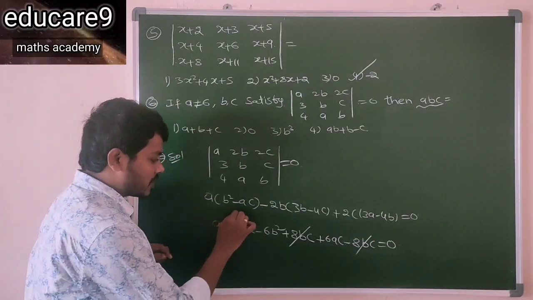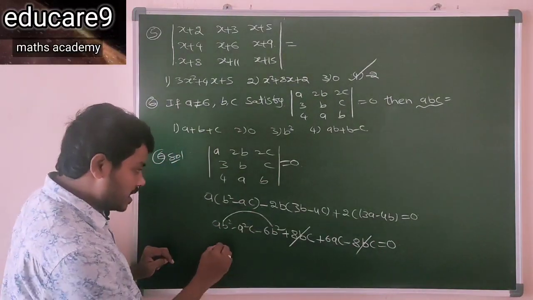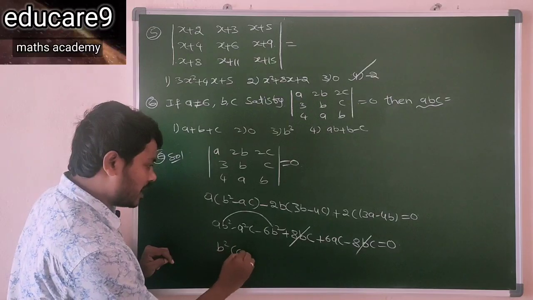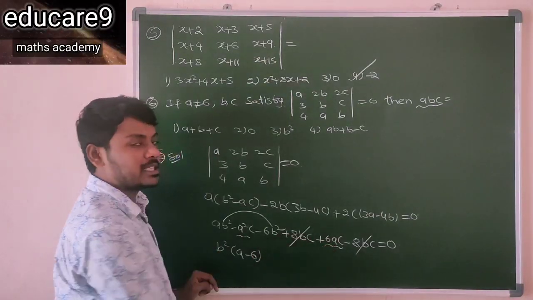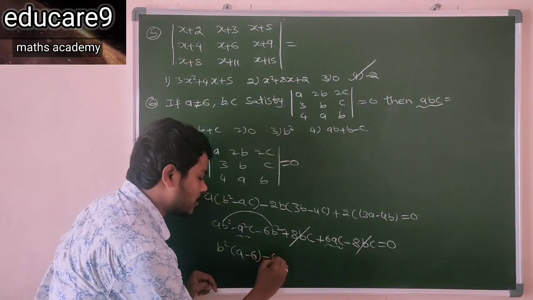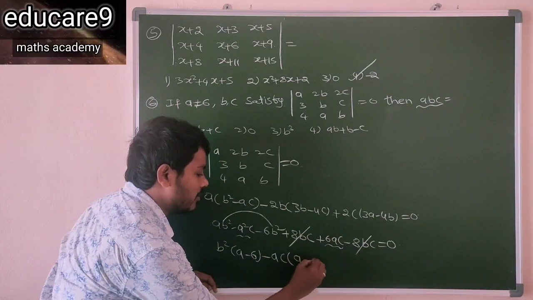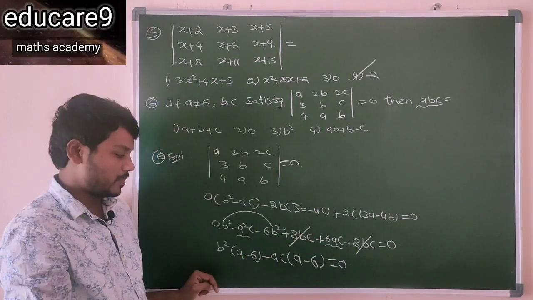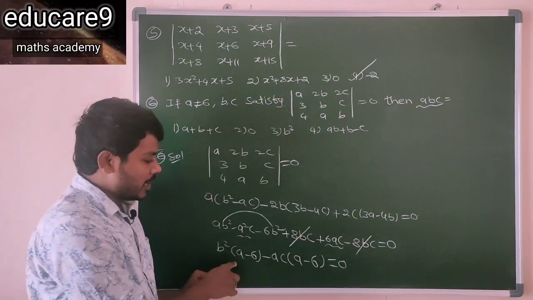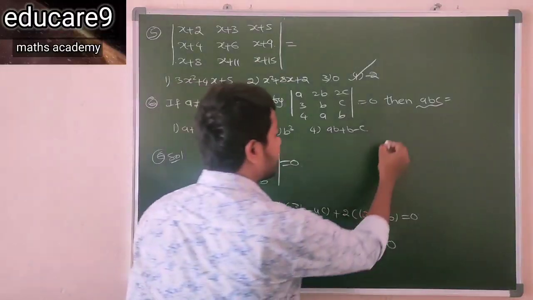Here from first and third term, B square is common. You get A minus 6. Here minus A square C plus 6AC. In both terms minus AC is common. You will get A minus 6 is equals to 0. And see here A minus 6 is common.